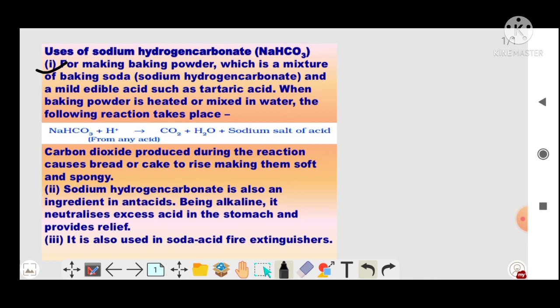When baking powder is heated or mixed in water, the following reaction takes place. This is baking soda.